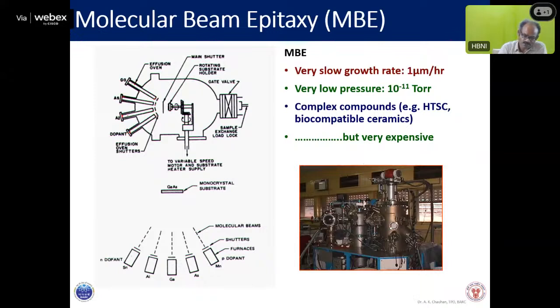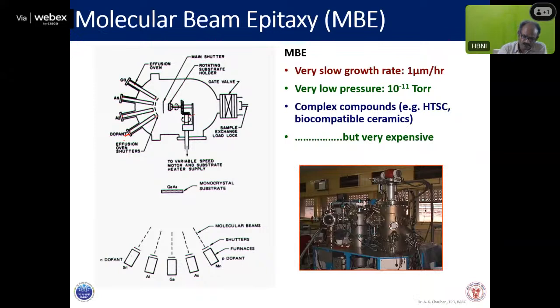Whatever you want to deposit, you can remove the shutter, and then the temperature is increased, and this entire chamber is under a very high vacuum, and the substrate can have a provision of rotation also.